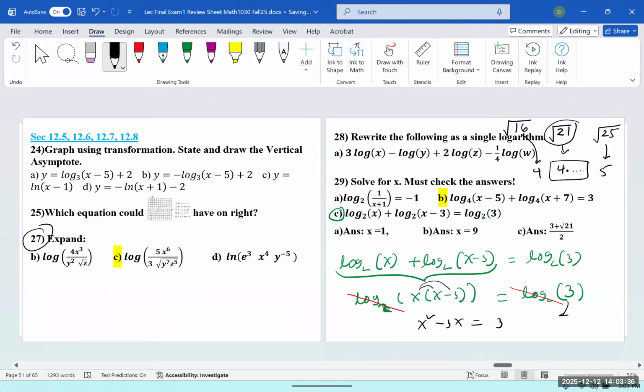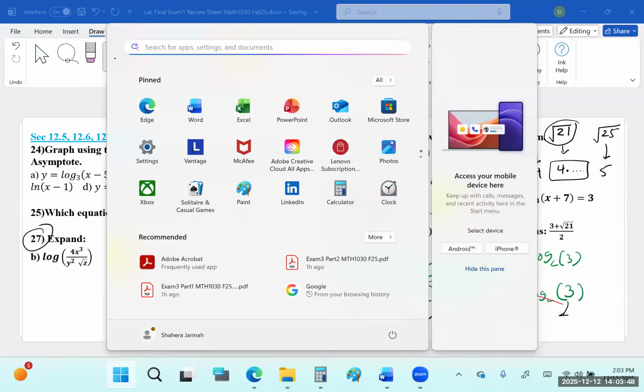So expanding log. There'll be one expanding log. Since in class I went over this, let me go over the question in the exam.